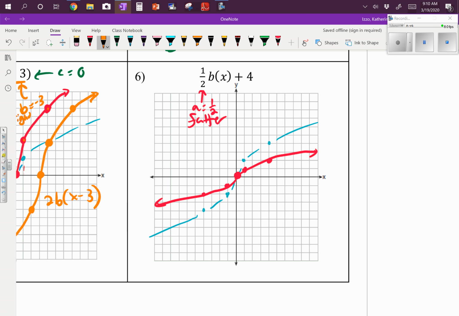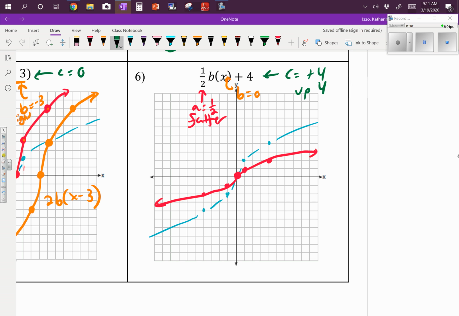And then B, there is no B. B equals 0, so no shifting left to right. No left to right nonsense. And then C is equal to a positive 4. So the positive 4 means we're going up or down. Positive 4 means we have to go up 4.